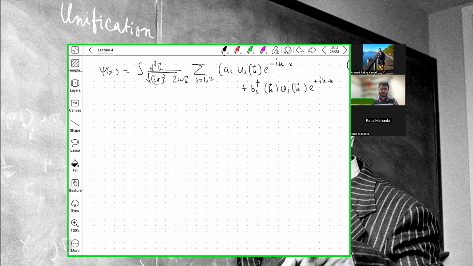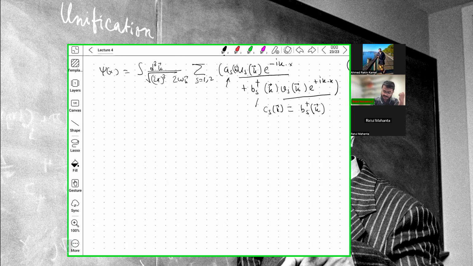Yep, so this is the Fourier decomposition. You now know what these two factors are, but I have introduced the coefficients. I have called one AS, another one CSK.